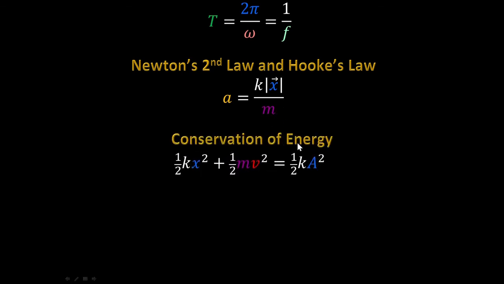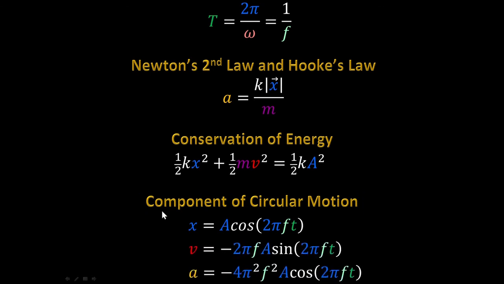We can use conservation of energy to calculate its velocity as a function of its position by taking the fact that the spring potential at any point plus the kinetic energy of our mass at that same point is going to be the total energy of our system, which is going to be the total energy of the spring when it's fully stretched to its maximum.